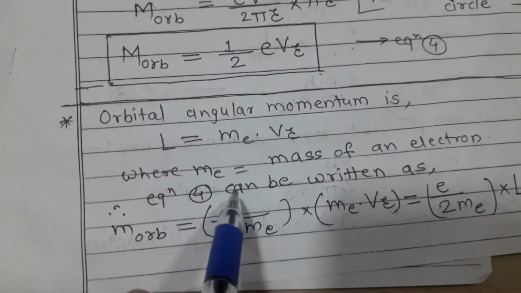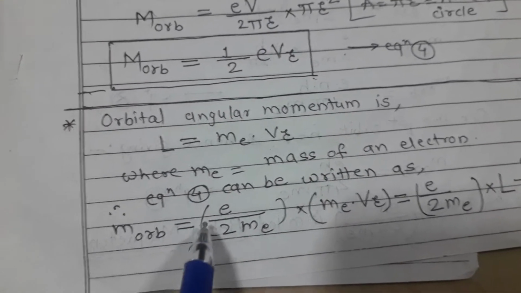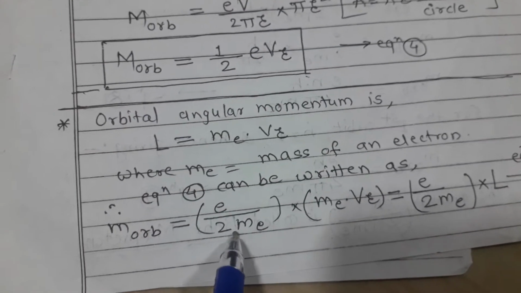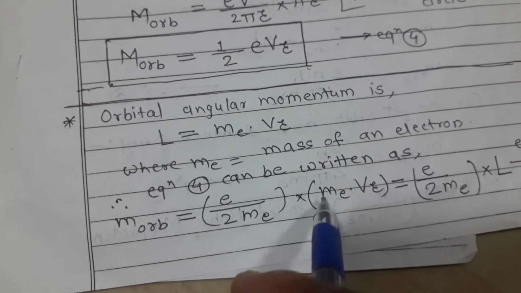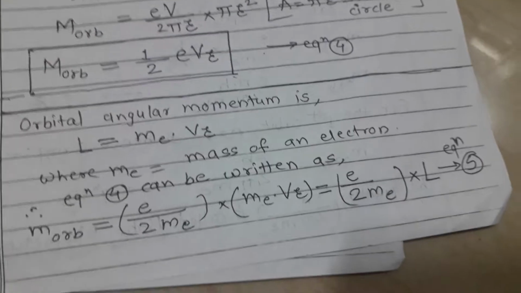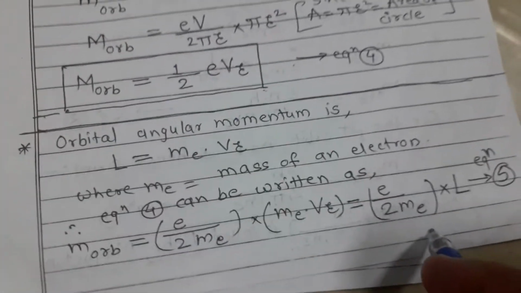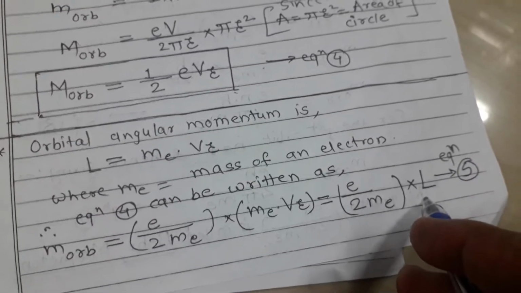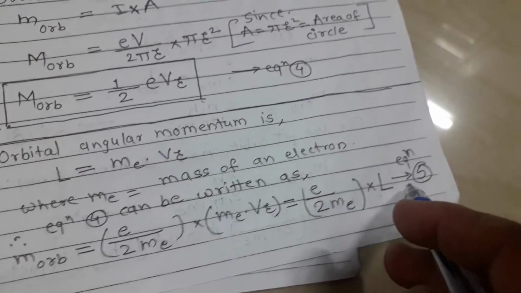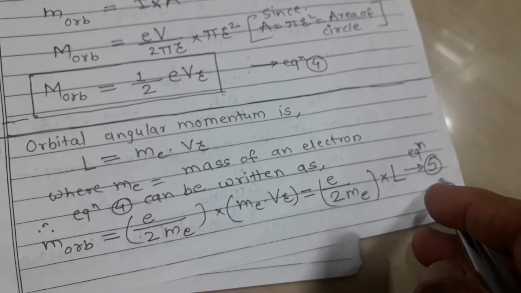Therefore, equation number 4 can be written as m of orbital is equal to e divided by twice m of e into m of e into v r is equal to e divided by 2 m of e into capital L. This is called equation number 5.